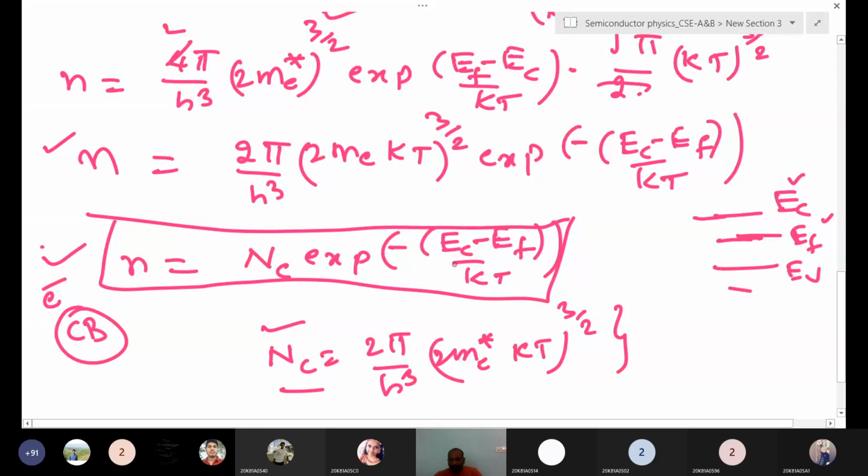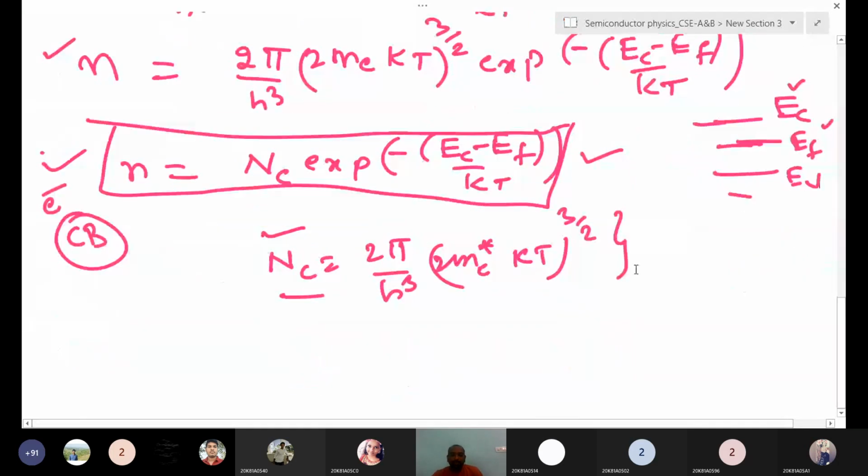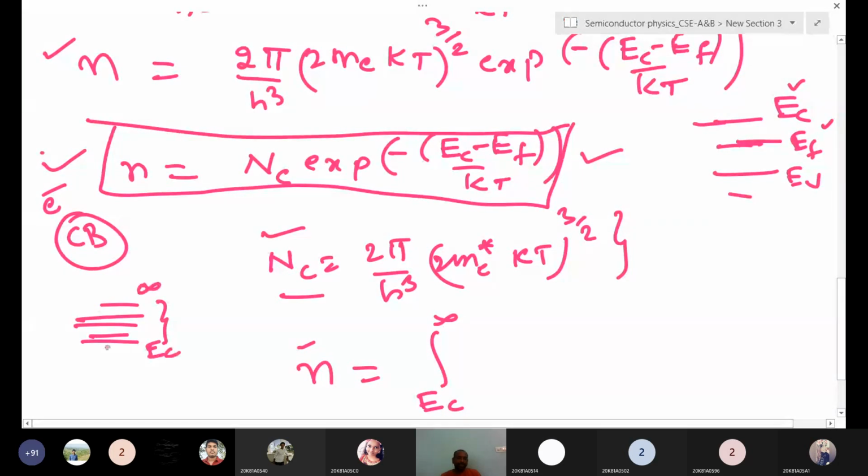This is the expression. Just what we have done, the density of electrons or available electrons in the conduction band: we have energy states in the conduction band. These states extend from EC to infinity. These are all energy levels. Within these energy levels, how many electrons are there, we don't know.